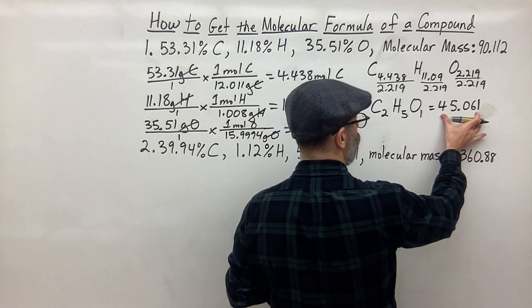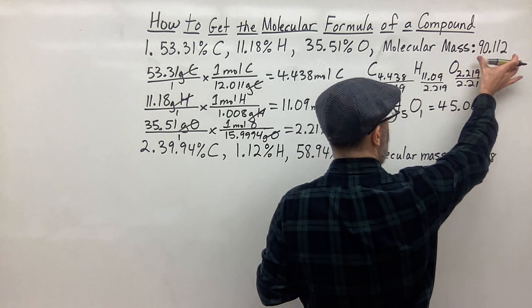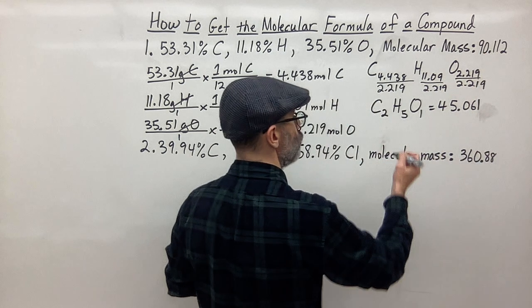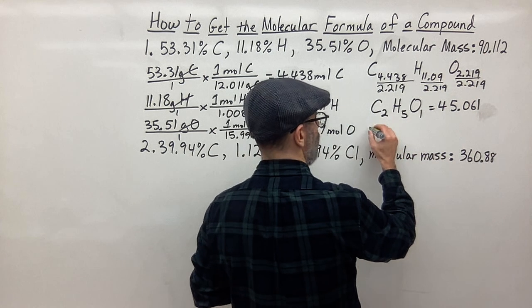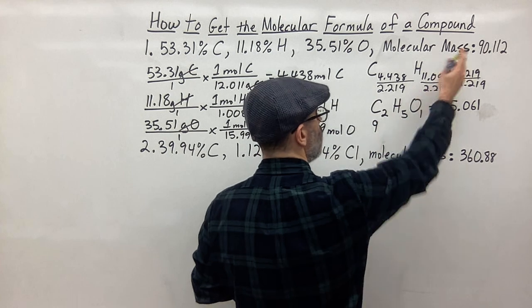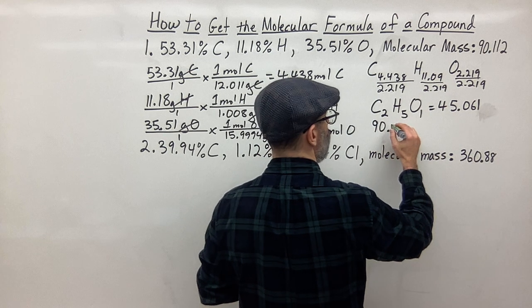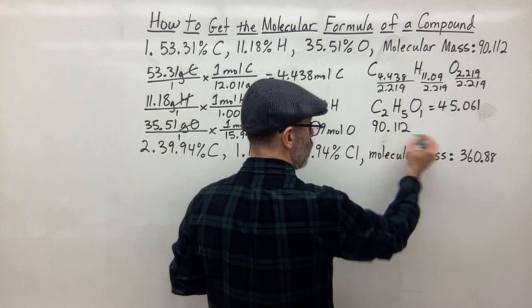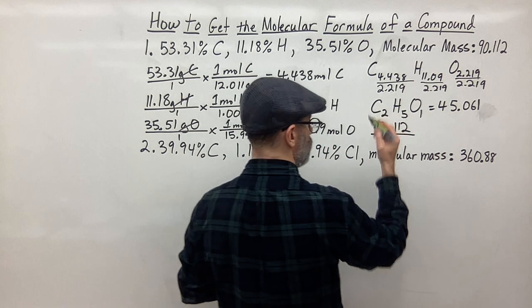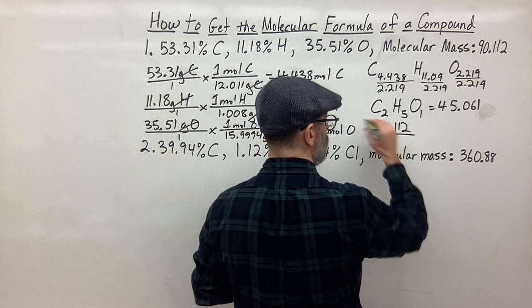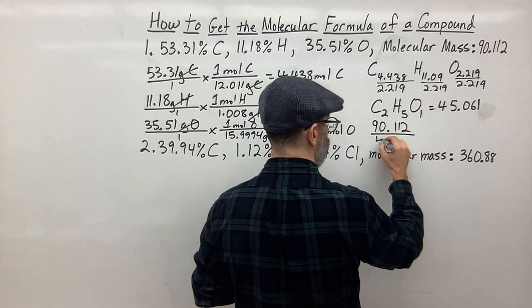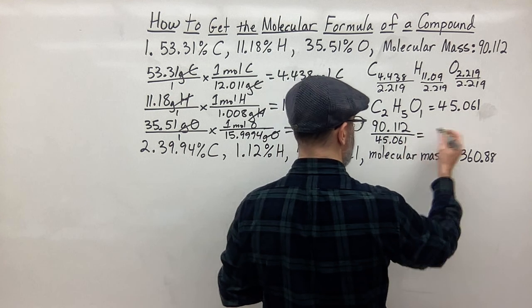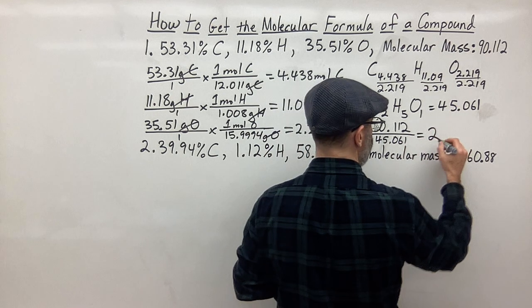The actual mass of the molecular formula is 90.112. So I need to get the factor. I take the molecular mass, 90.112, the larger one, and divide by the smaller one, the empirical formula mass, 45.061. And I basically get a factor of 2.